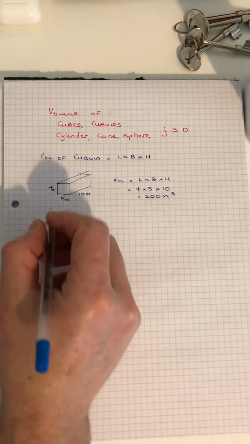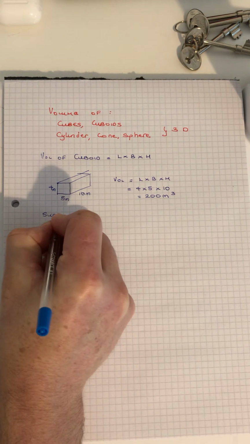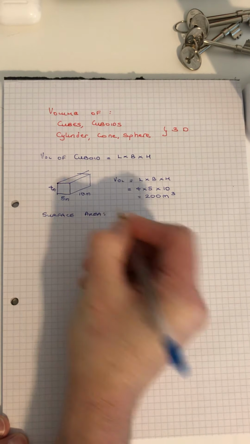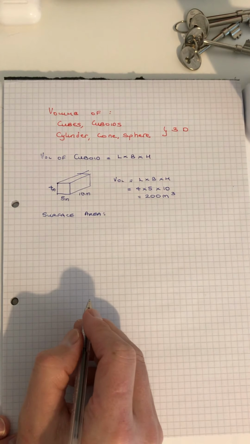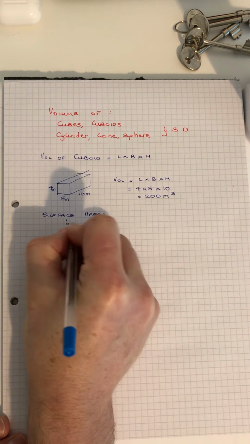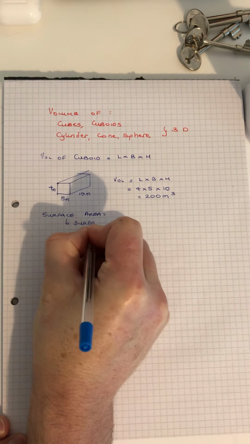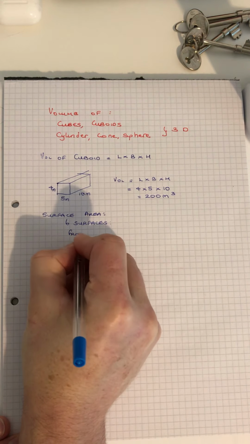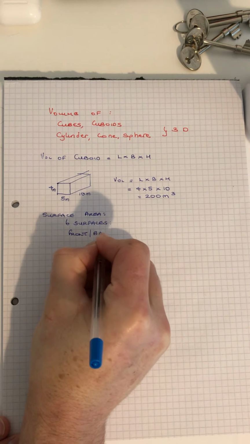Then you're finding the surface area. So the surface area is how many surfaces are on it and finding the area of each surface. So there are 6 surfaces. Okay? So there's the front and the back.